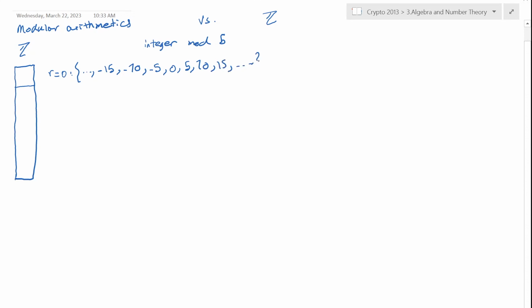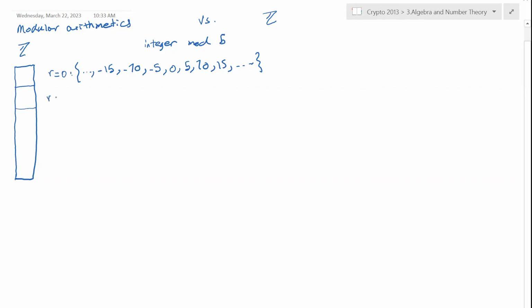The interesting thing about these integers coming from the set Z is that they are multiples of 5, so the remainder is always 0. They take up this portion of the values in Z.